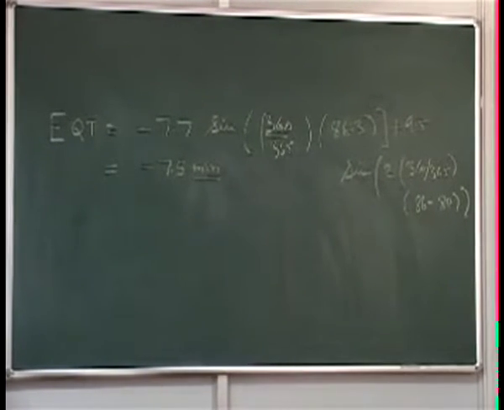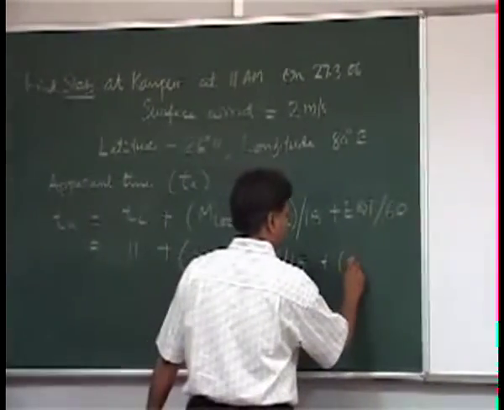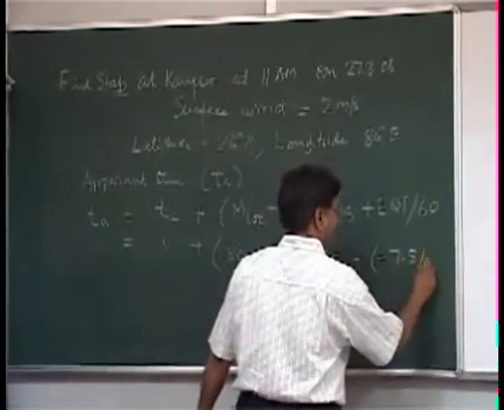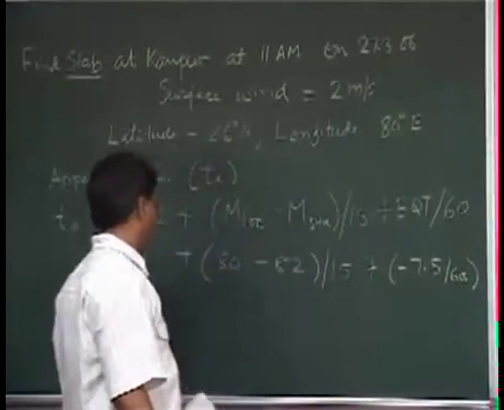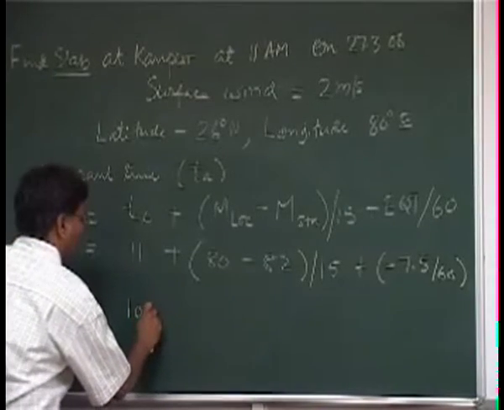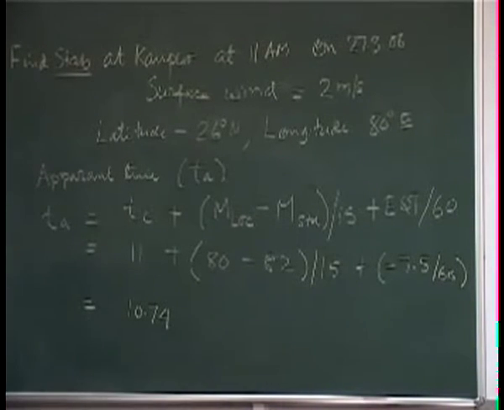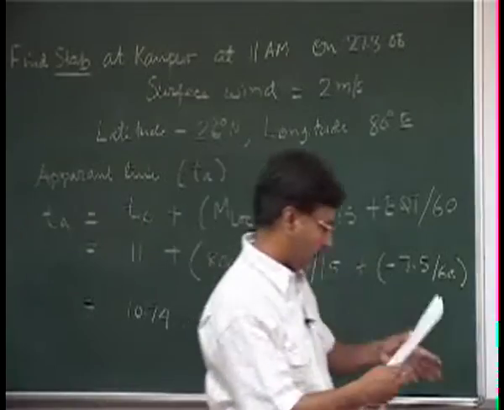Then the result came out to be 10.74. So your time is really not 11 o'clock, but a little less than 11 o'clock. I am carrying it in decimal, not writing in hours and minutes. Clear? So I got my TA.